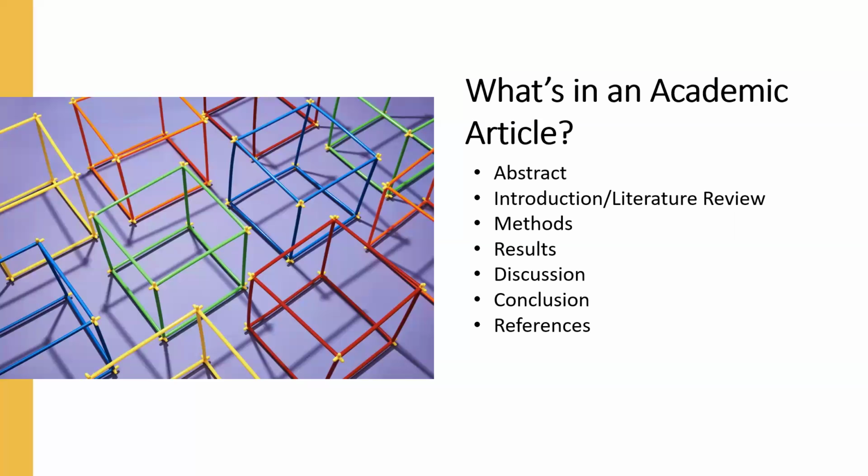So if you see something in the literature review that really stands out to you, this is where you would go to find the citation for that article or that book or chapter or whatever source of information. Then you could follow up and look at that information.